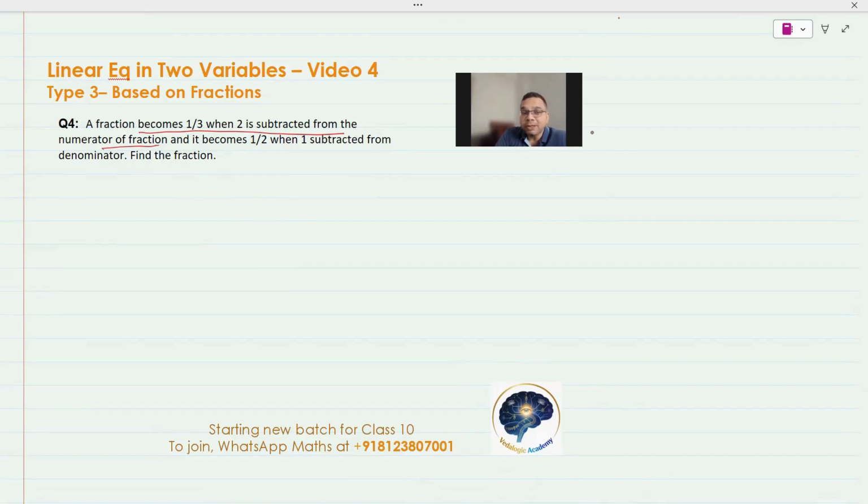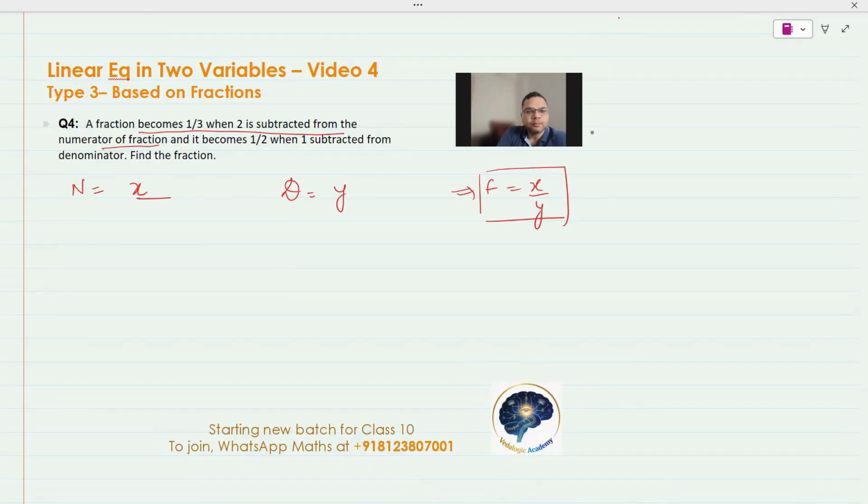So we don't know what the fraction is. When we talk about a fraction, we know it is something upon something. So we don't know what is the numerator, what is the denominator for this question. So let's say numerator is x and denominator is y. So therefore fraction is x upon y, right? So this is how we are going to start it.